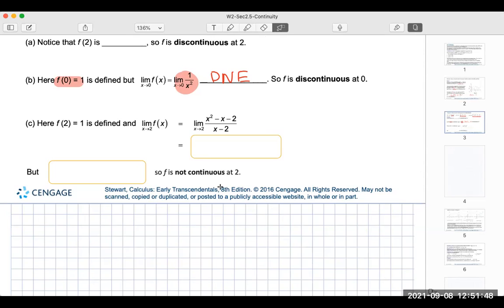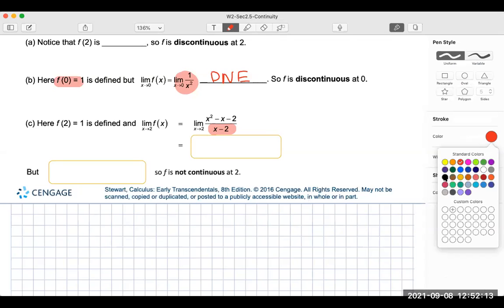Yes, you can use the quotient rule to break apart, or you can factor it, and try to somehow cancel the like terms. Because here, when we plug in 2 to this denominator, it becomes 0, so we cannot substitute directly. So we need to do some algebra.